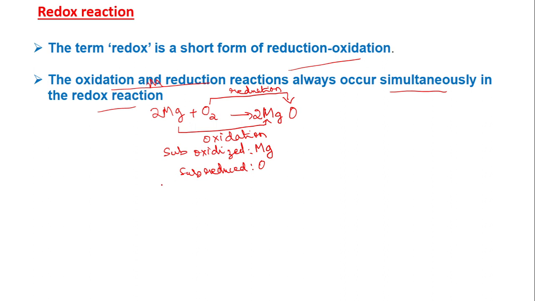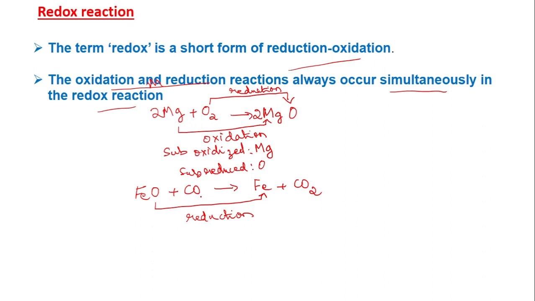That is ferric oxide, Fe2O3, combines with carbon monoxide to form Fe plus carbon dioxide. Look at the example here. Oxygen is lost, so it is a reduction. Removal of oxygen is reduction.